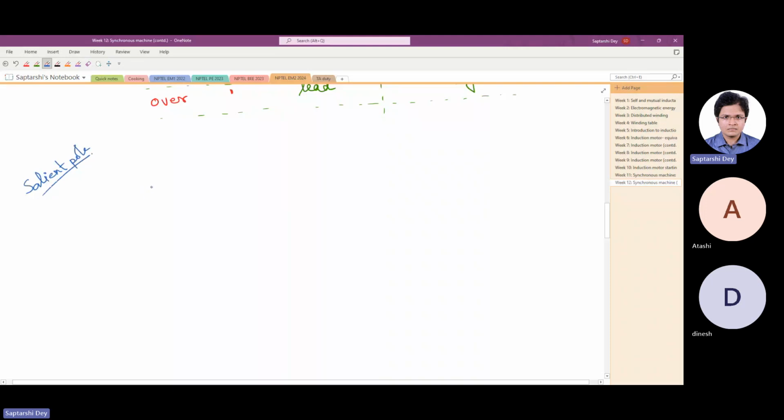Now salient pole, as the name suggests, now suppose I draw only a two pole machine.